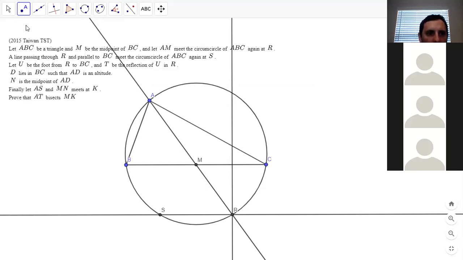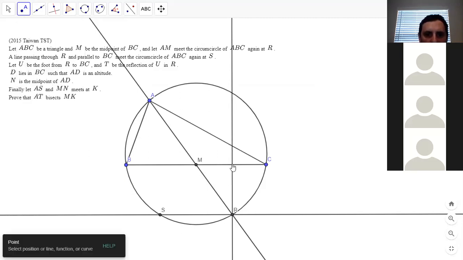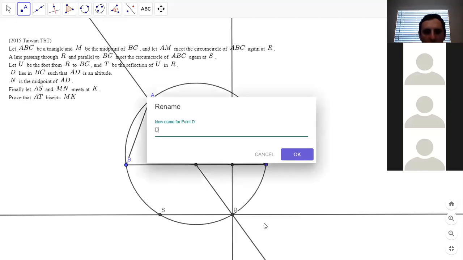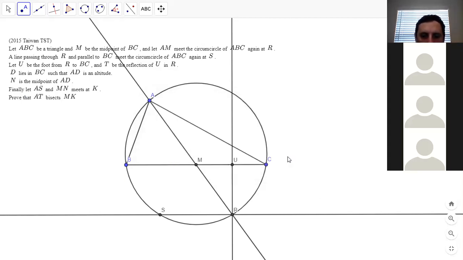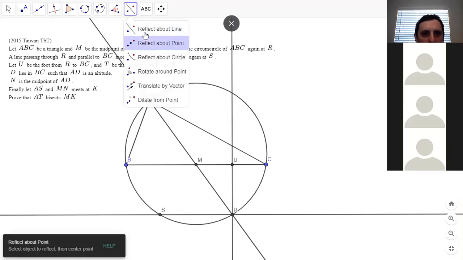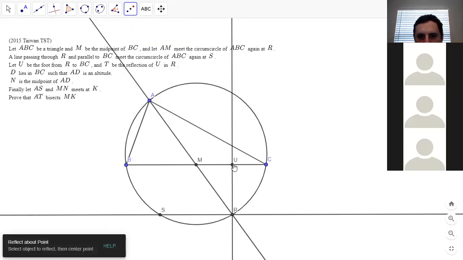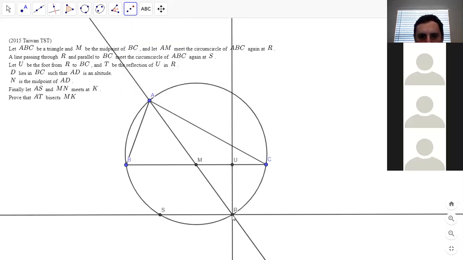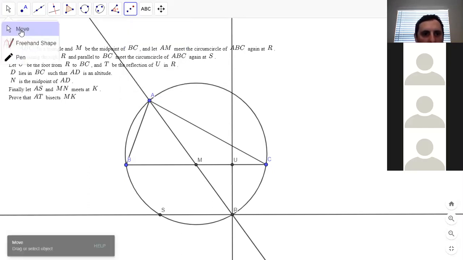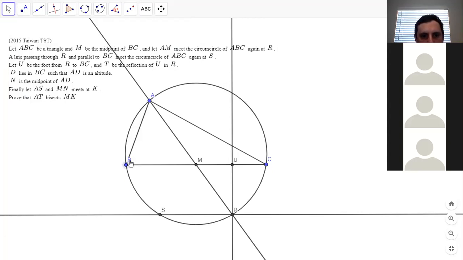So this is U. Okay, so BSRC is an isosceles trapezoid. T is the reflection of U over R. Okay, so that's off the page. Let me shrink stuff a little bit.